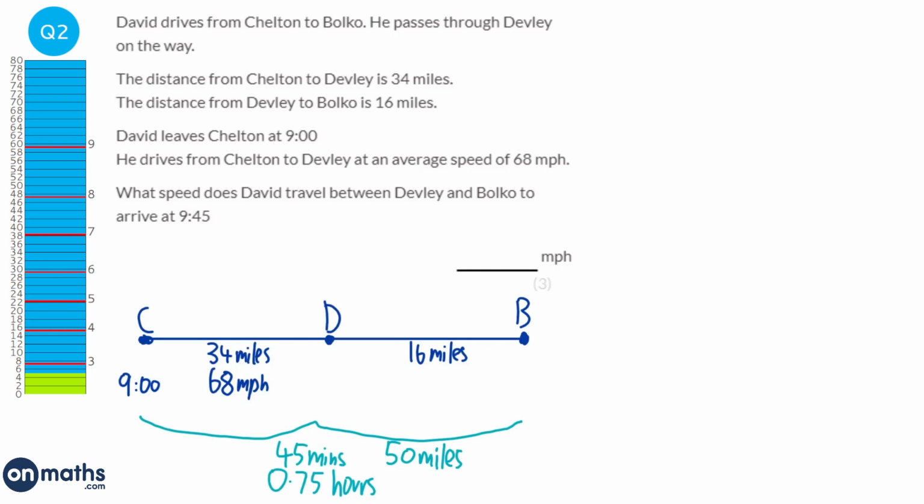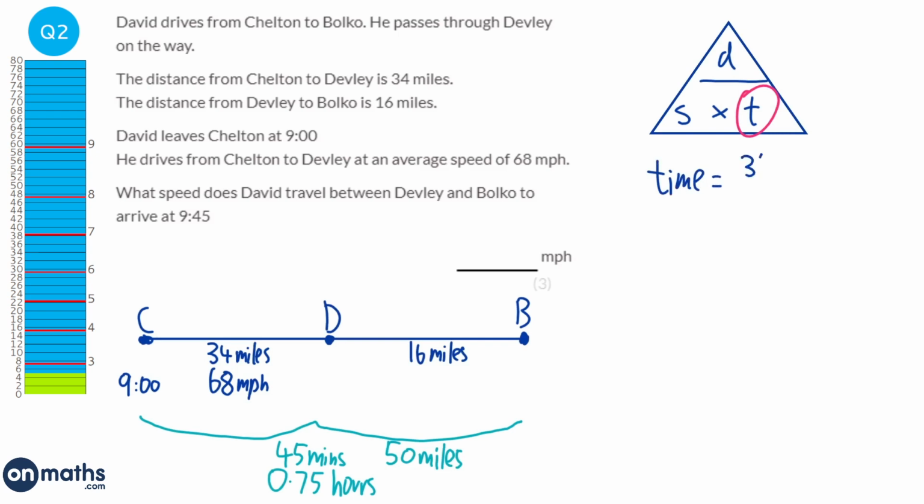So we're going to use our speed distance time triangle. Speed equals distance over time, and we're covering up the time because that's the one we want. So time equals distance, which is 34, over speed, which is 68. 34 divided by 68 is 0.5, so it would be 0.5 hours, half an hour.